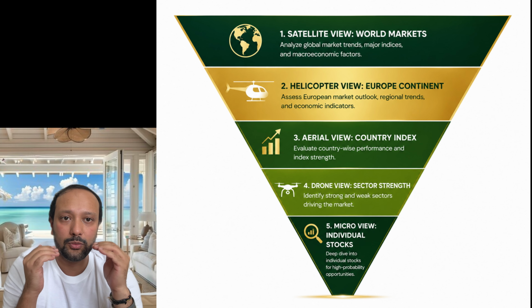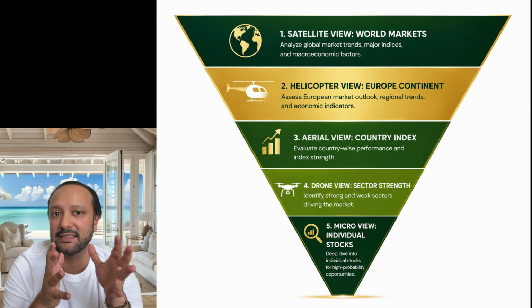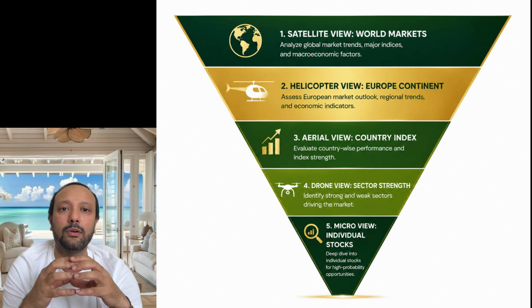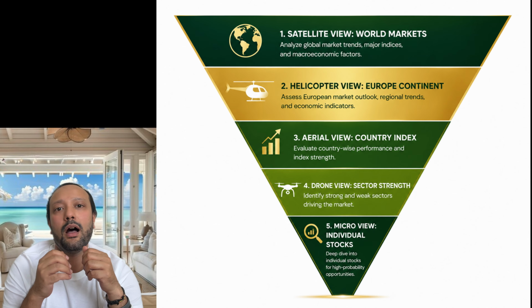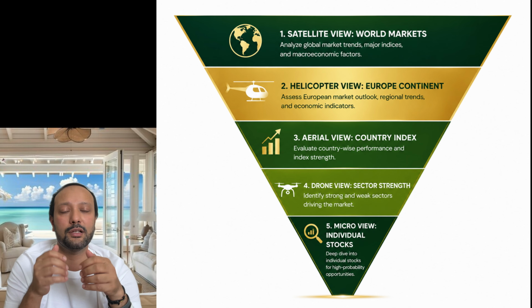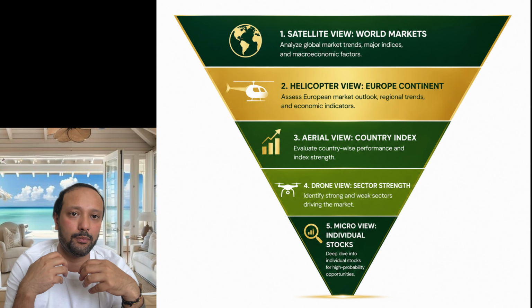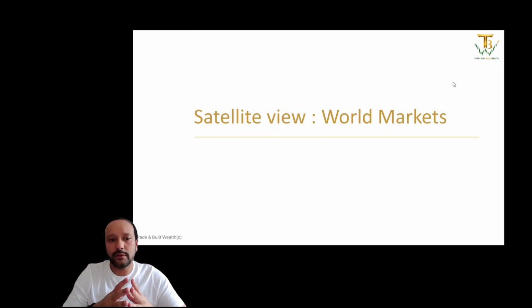And then we'll go to a deeper level called the drone level, just below the country level, to see which sectors are performing and showing strength. And finally, we'll drill down into which stocks are in momentum, and how one can identify it based on which sector it is, and find the right stock for us to track in that direction. All right, let's start with the satellite view, which is the world markets.